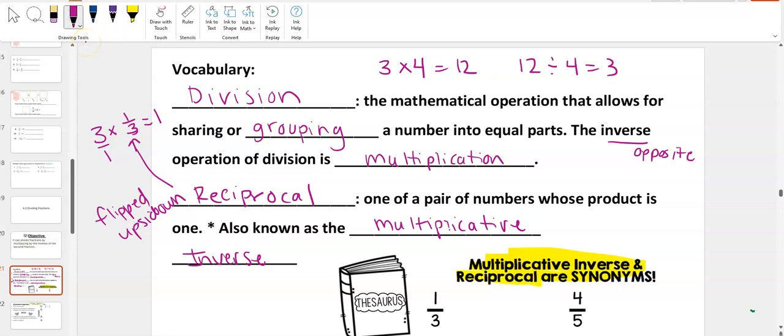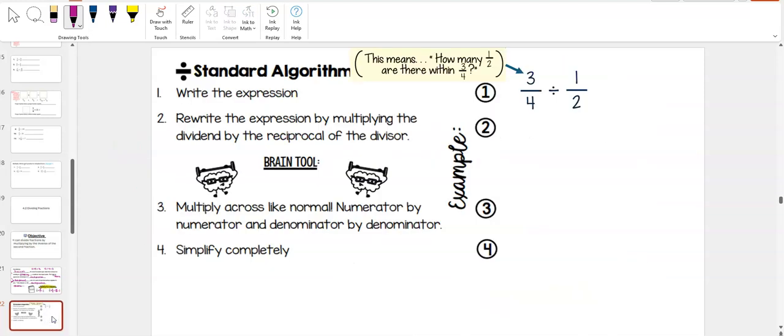Like I said, the multiplicative inverse would be me multiplying by 1/3 flipped upside down to get 1, right? 1/3 times 3 over 1 is 1. The reciprocal of 1/3 is 3 over 1. Same thing over here. I'm just going to flip 4/5 upside down, and I'm going to get 5/4, and that's going to end up being 20 over 20, which is the same as 1. Okay, so we just need to remember that that's what we're doing. And the reason we're doing this is because, well, you'll see in a second, but we need to know what a reciprocal is and how to find it, and that we're going to use that inverse operation.